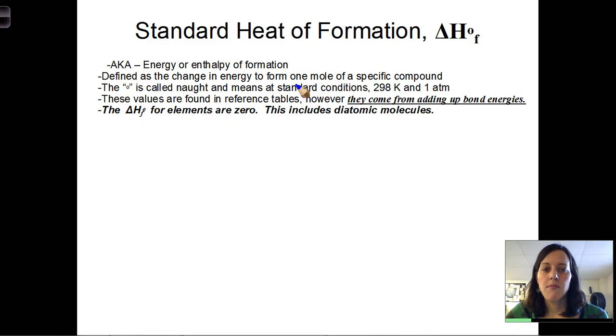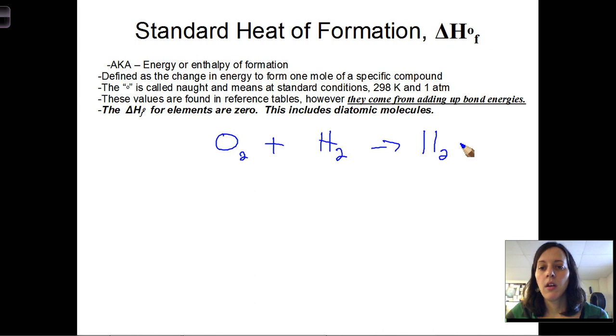So what does this mean as far as breaking up the bond energies? Let's just use our standard water equation. If we're making water and we balance it, oxygen, if we were to draw it out as O2, actually has a double bond, which means that it's sharing multiple electrons in this bond.